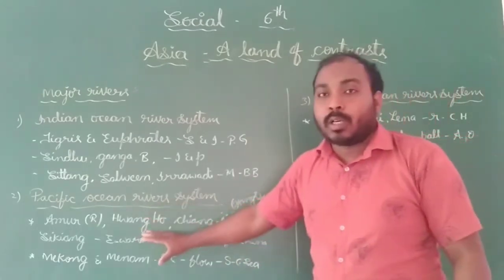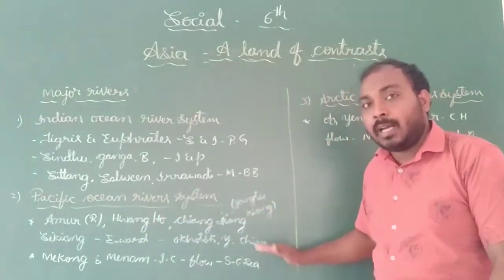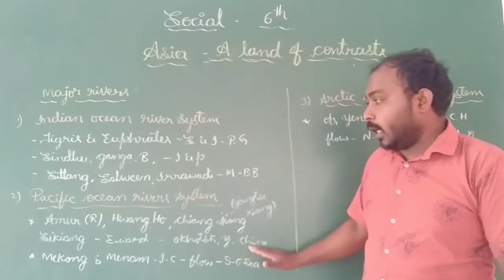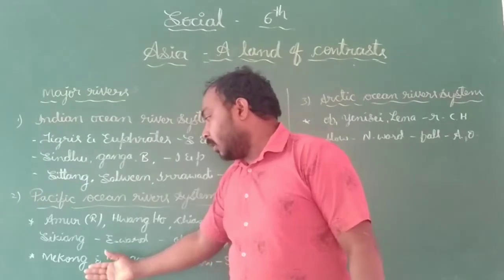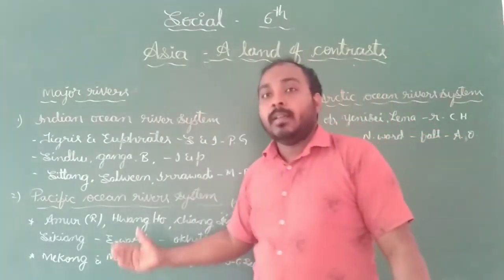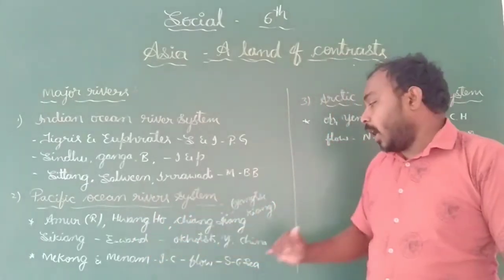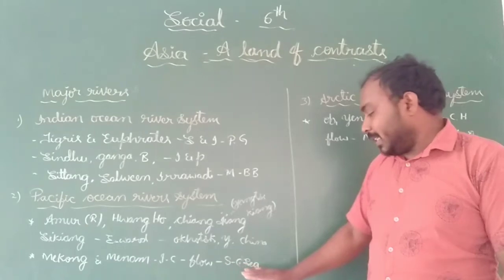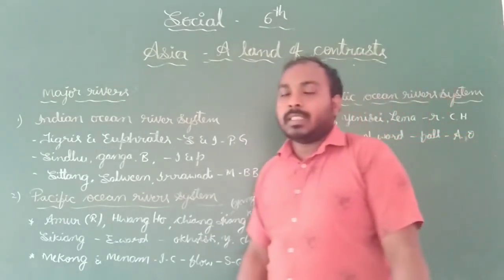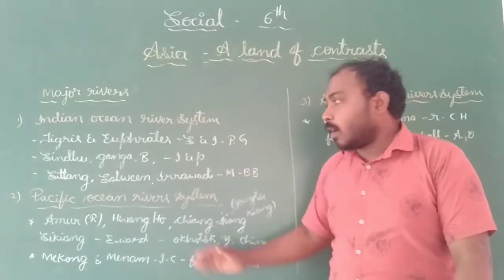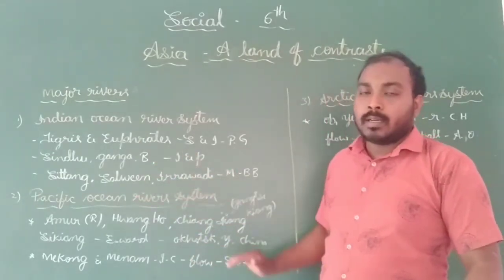Other two important rivers are the Mekong and Menam, which flow through Southeast Asia and finally flow into the South China Sea. These are the important rivers of the Pacific Ocean river system.